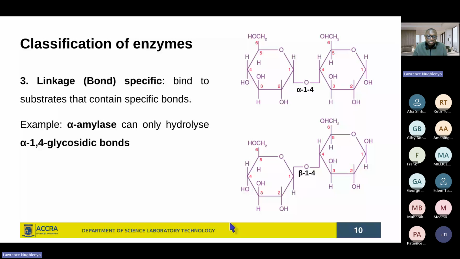So that is why you can't just take wood and eat and be satisfied. If you eat wood, it will just come out, because your amylase cannot break down the beta 1,4 glycosidic bonds in cellulose, which is the major component of the woody part of plants.